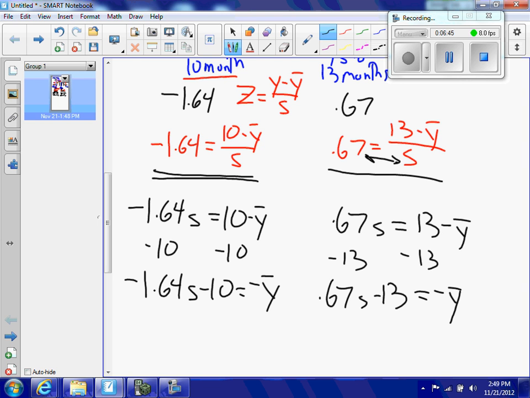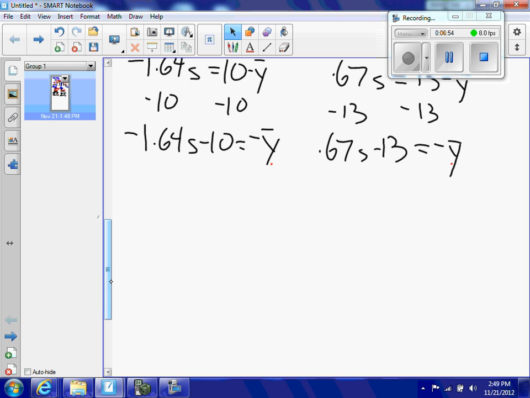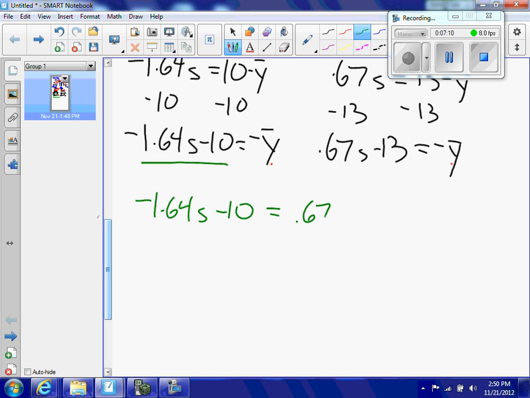Well, what do you know? I have y bar over here, and I have y bar over there. And since I know that they're the same, I can set these two other parts of the equation equal to one another. So I know that negative 1.64s minus 10 is equal to 0.67s minus 13.